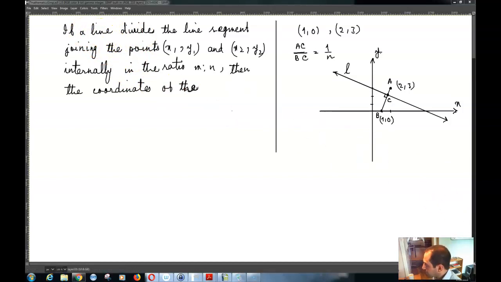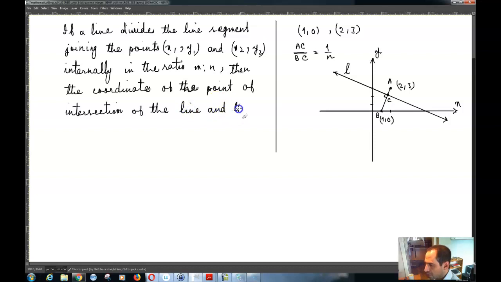I can say that if a line divides the line segment joining these two points internally in the ratio m to n, then the coordinates of the point of intersection of the line and the line segment are this.